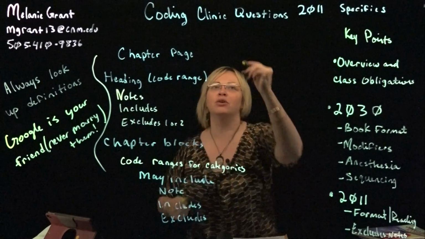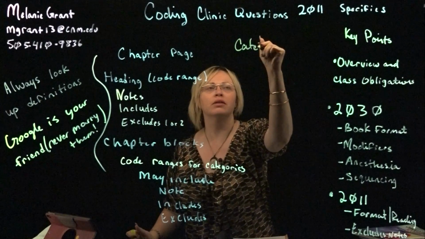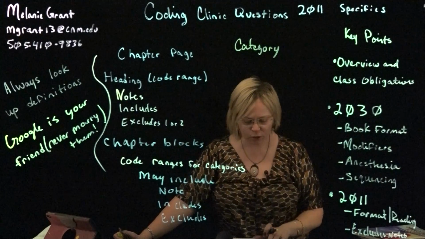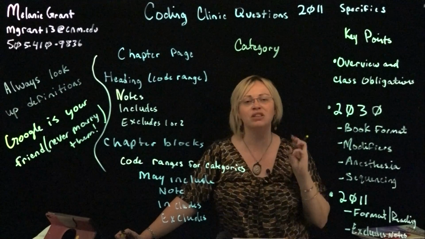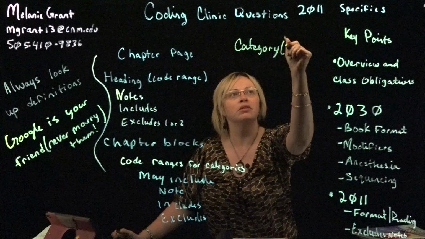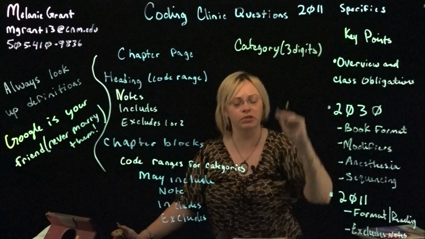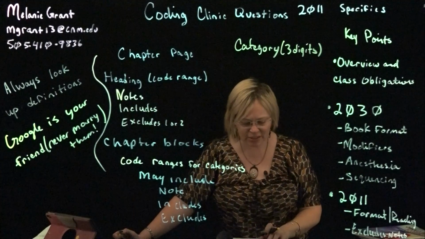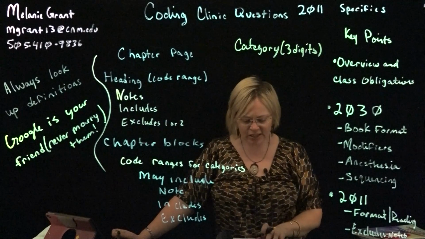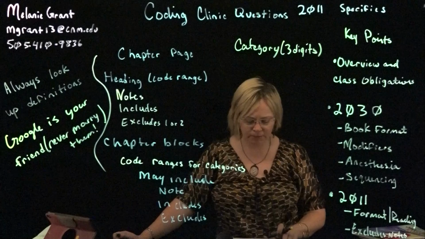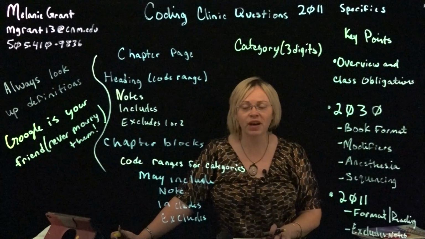Then we go to our category. Okay, so under our category for B08.1 is the first 3 digits of any code. That's always your category code, is the first 3 digits. And under B08s, it is indicated as other viral infections and categorized by skin and mucous membrane lesions not elsewhere classified.